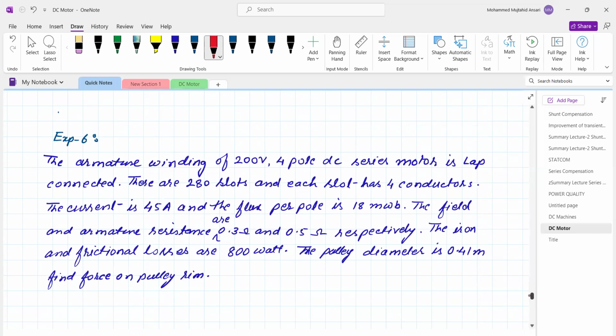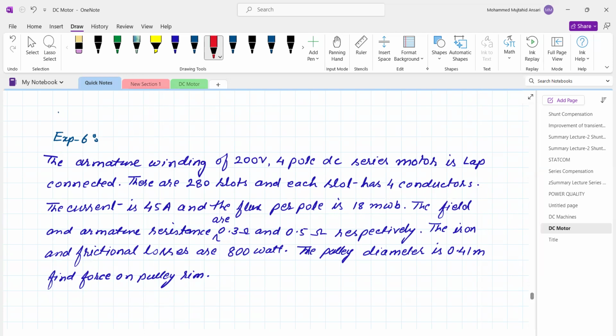There are 280 slots and each slot has 4 conductors. The current is 45 ampere and the flux per pole is 18 milliweber. The field and armature resistances are 0.3 ohm and 0.5 ohm respectively. The iron and frictional losses are 800 watt. The pulley diameter is 0.41 meter. Find the force on the pulley ring.